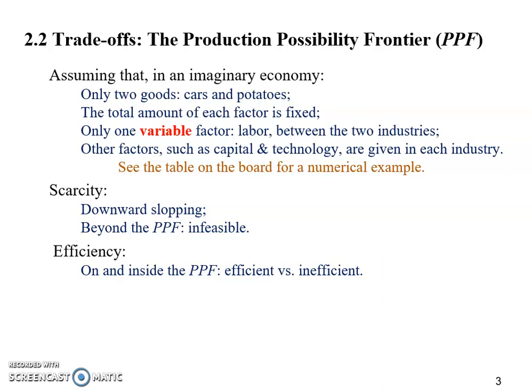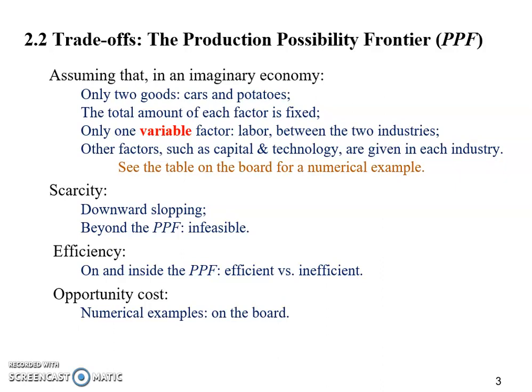In other words, the economy should be able to do better than what it is doing now. Okay, and here we're going to continue talking about opportunity cost, how the opportunity cost can be shown on a PPF graph. If you remember, in chapter 1, we already introduced the concept of the opportunity cost.